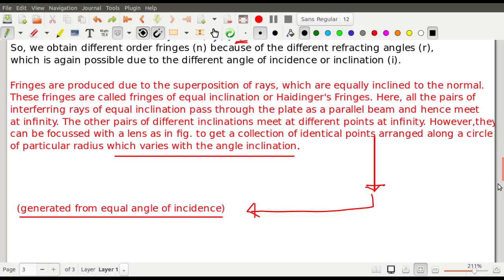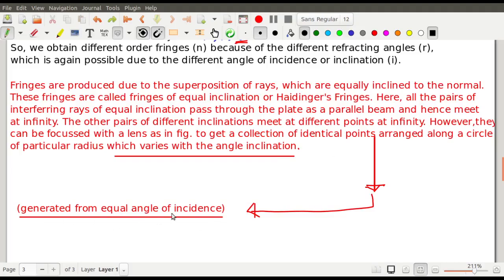Can be focused with a lens. A very important point that I wrote last time: to get a collection of identical points arranged along a circle of particular radius, which varies with the angle of inclination. Identical points generated from equal angle of incidence.